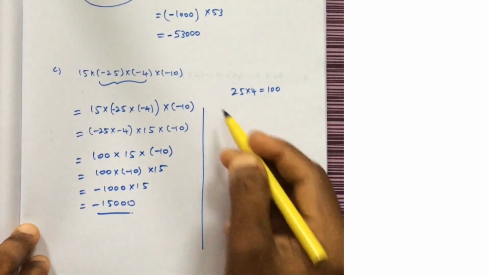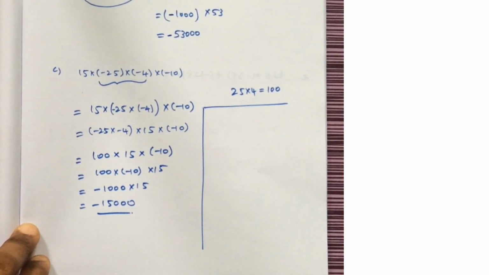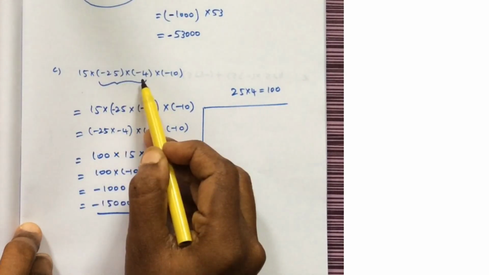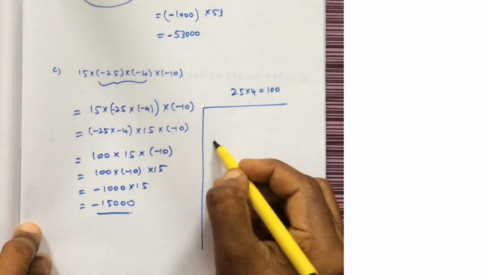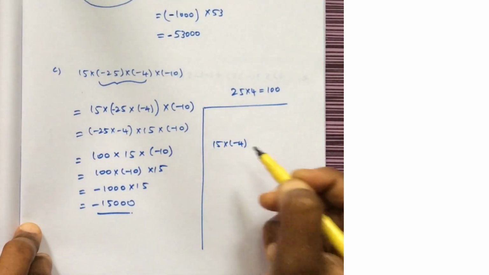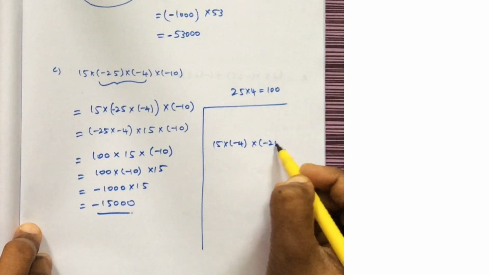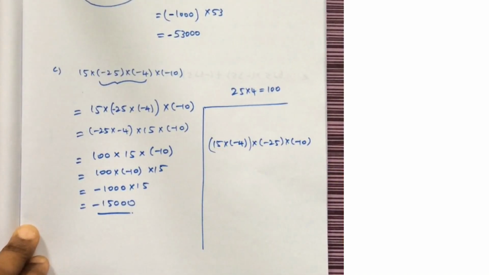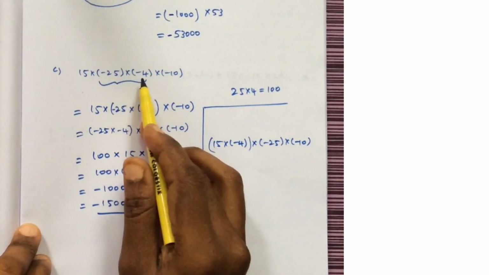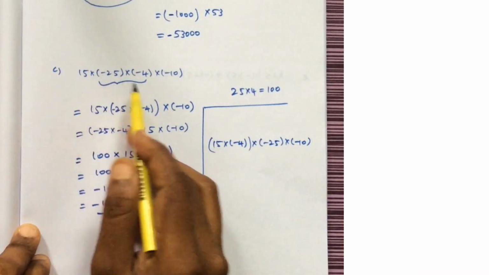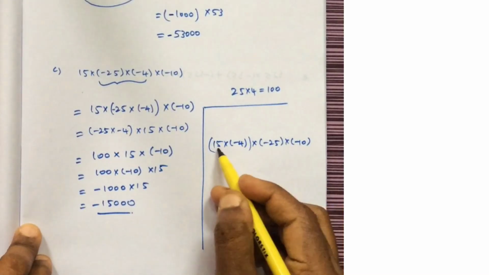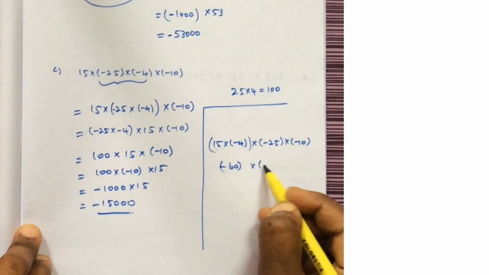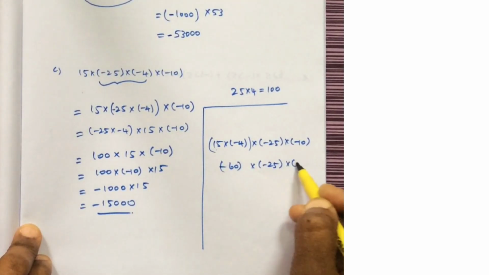I am showing that if you have multiplied 15 with 4 instead of 25 with 4, that is 15 multiplied by minus 4 multiplied by minus 25 into minus 10, if you have taken in this order, instead of 25 multiplied by 4, you see here 15 multiplied by 4 is 60, minus 60 multiplied by minus 25 multiplied by minus 10.